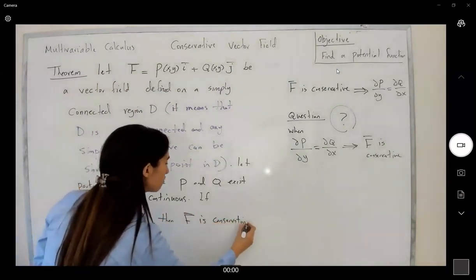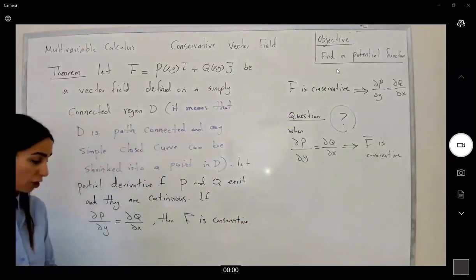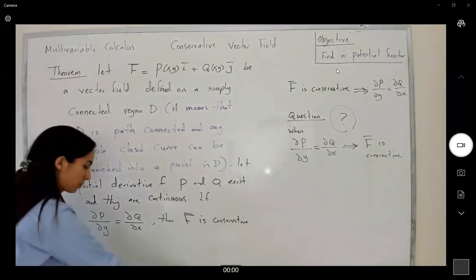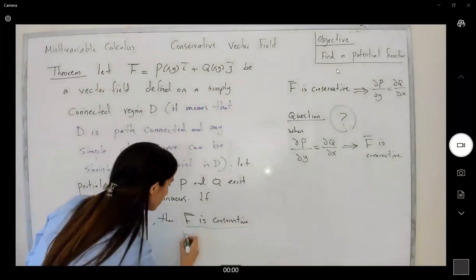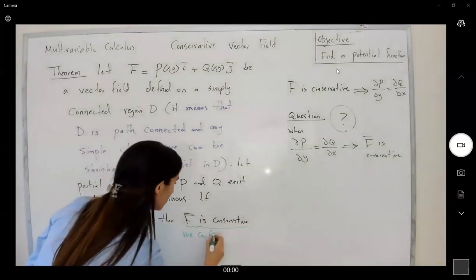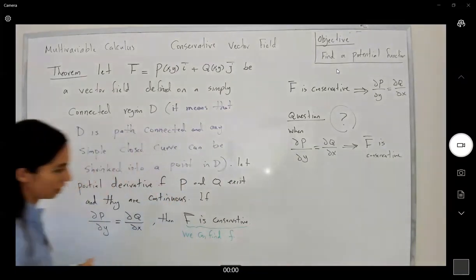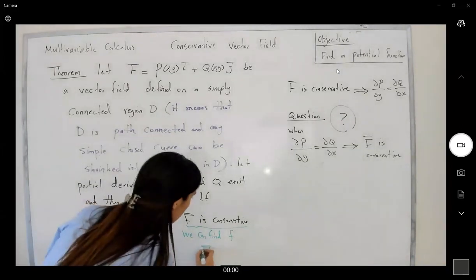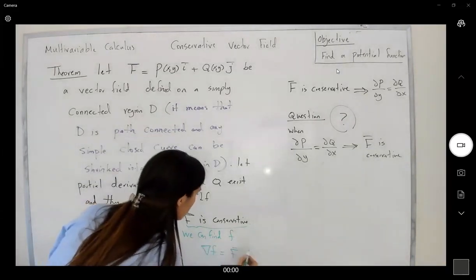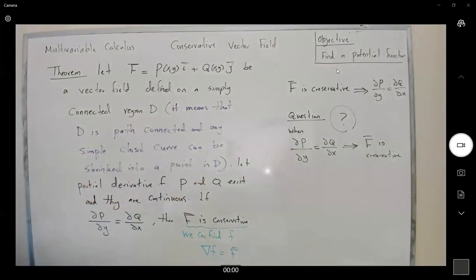It means that we can find that potential function f that satisfies the condition: the gradient of f is equal to your vector function F. That's the meaning of that.